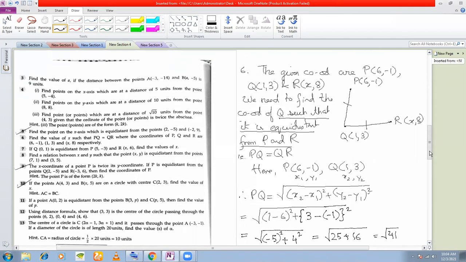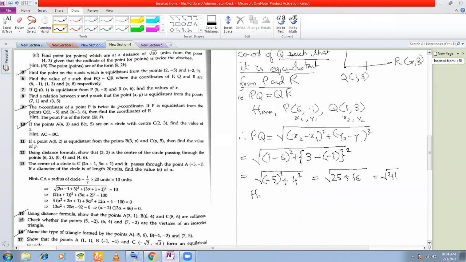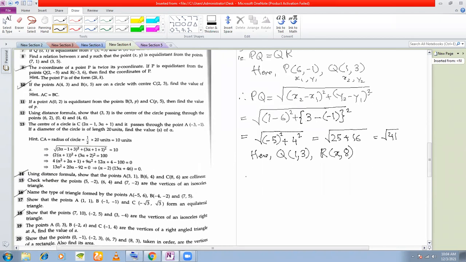We shall now proceed to find the distance QR. So let's write the coordinates here. The coordinates of Q are (1, 3), and the coordinates of R are given to be (x, 8). Consider this as your x1, this as your y1, this as your x2, this as your y2. Therefore, QR is again equal to the square root of (x2 minus x1) whole square plus (y2 minus y1) whole square.